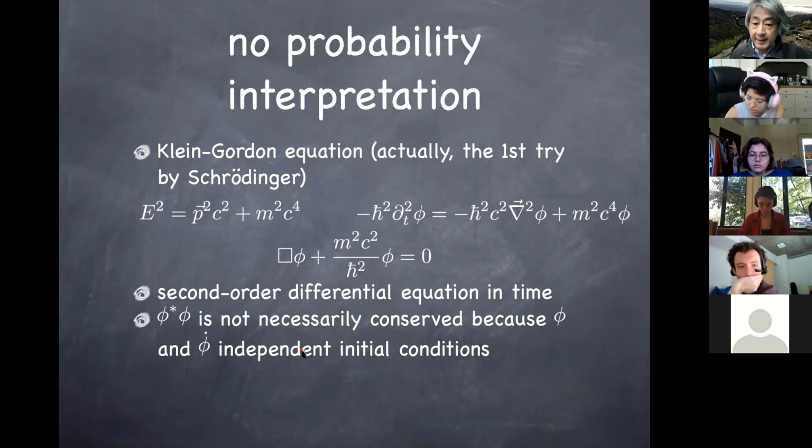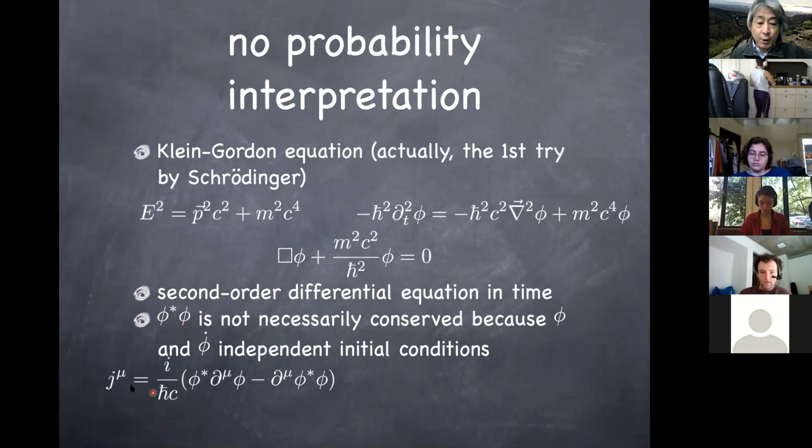What that means is that even if you specify phi star phi as an initial condition, that's not sufficient. The time derivative of phi star phi involves phi dot, which is independent from phi star phi. Therefore, phi star phi doesn't guarantee the probability is conserved.